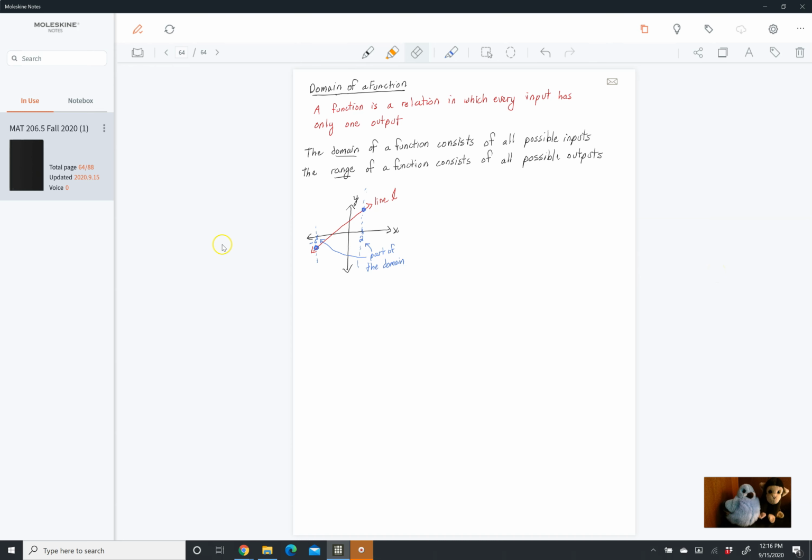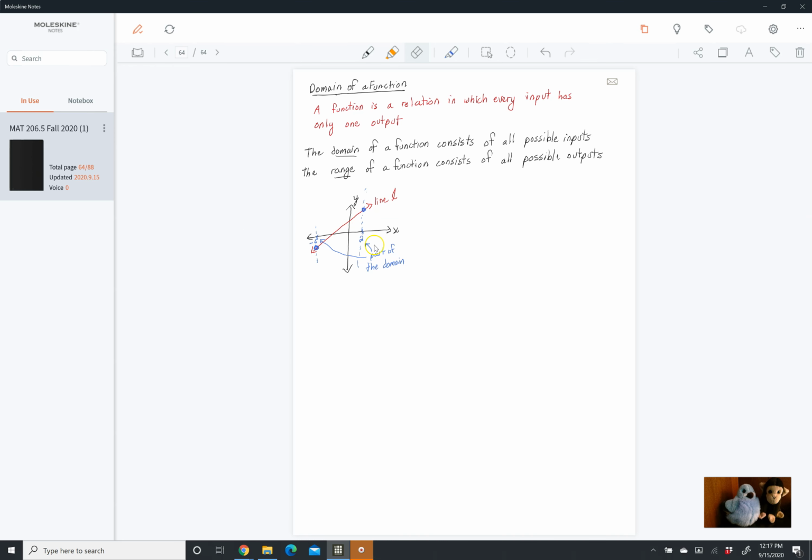So that means that any x value will give us what we call a y value, a corresponding y value. So if this is x equals 2, this dot right here, whatever this y value is, it would be the corresponding y value. The y value of this point would be the corresponding y value at x equals -6. So at any x value, we do have a corresponding y value.